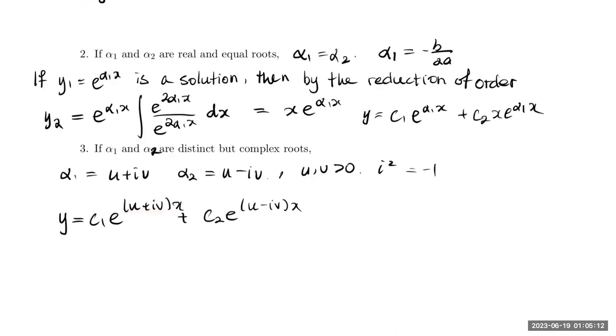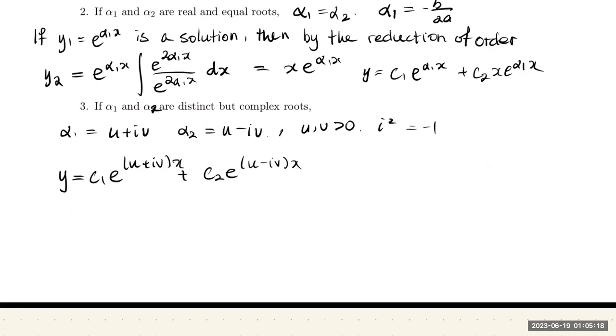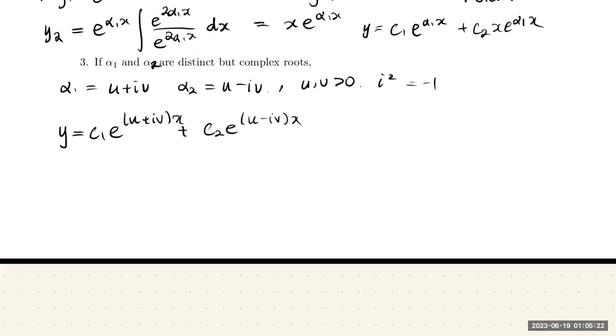Okay, so let us use Euler's formula here, but first let me expand this. I can rewrite this as C1 e to the power of ux times e to the ivx, plus C2 e to the ux times e to the power of negative ivx.